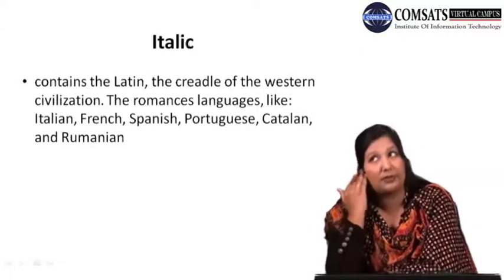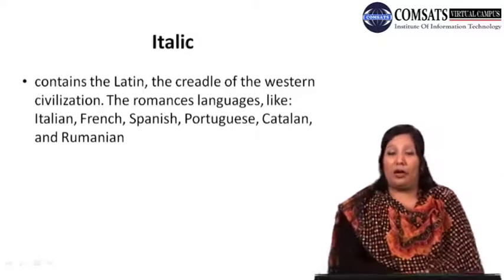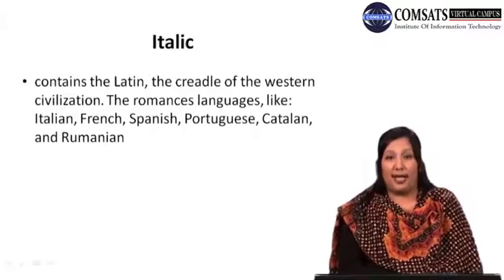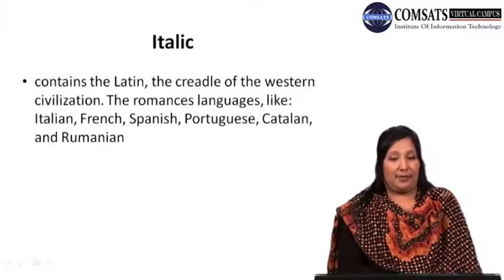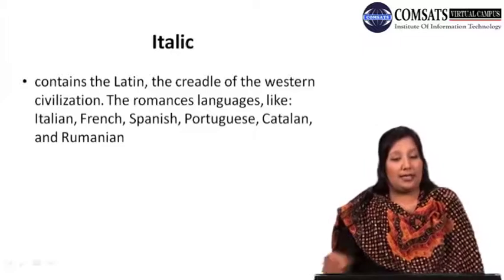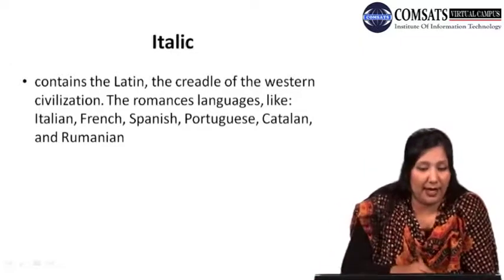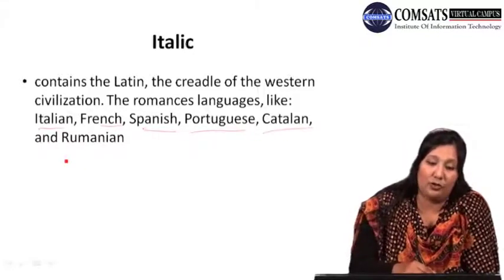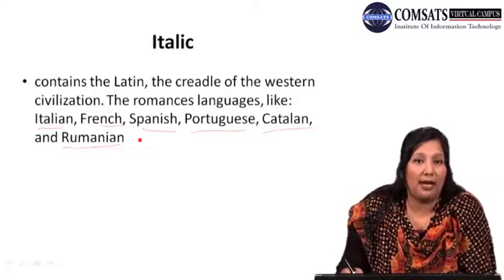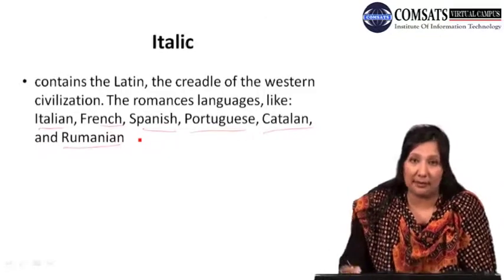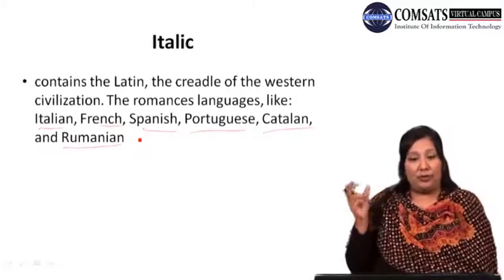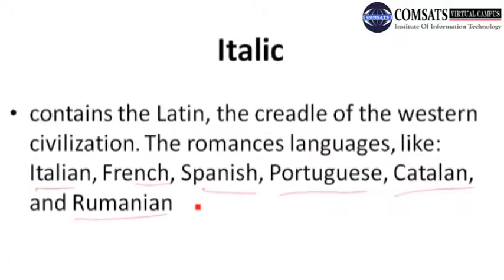It was perhaps one of the very powerful, very impact-making languages of Western civilization at the time, this branch of Italic. Romance languages like Italian, French, Spanish, Portuguese, Catalan and Romanian all have stemmed from this Italic branch of languages.